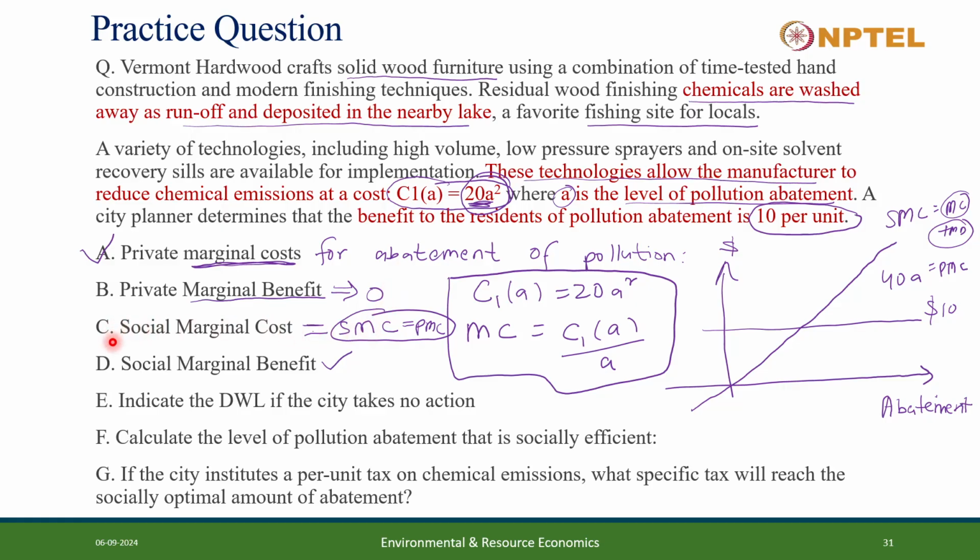Then the social marginal cost equals the private marginal cost, that is 40A. After this, we have drawn the social marginal benefit curve. The social marginal benefit will be 10 per unit, so this line is the social marginal benefit. And then indicate the deadweight loss if the city takes no action. That we will discuss in the next part.